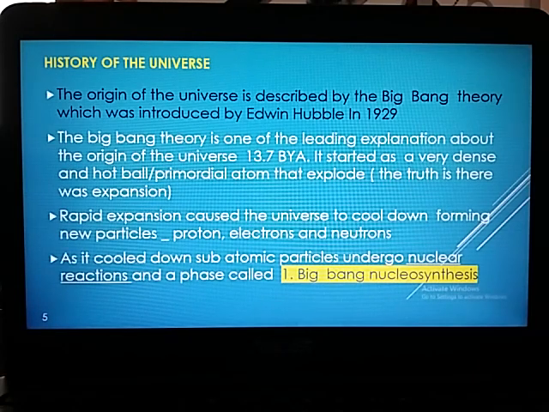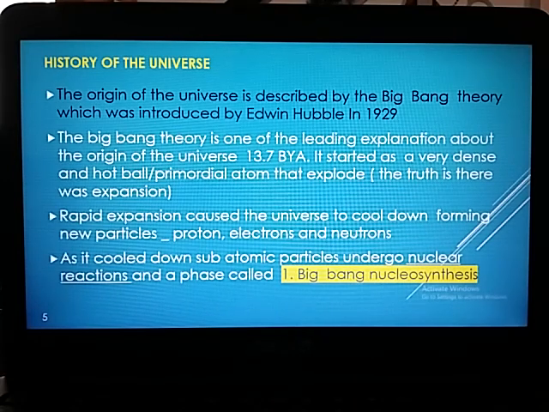During the rapid expansion, it caused the universe to cool down, lumamig, forming new particles. So alam nyo na to, proton, electron, and neutrons. So itong tatlo na to are the particles of an atom. So itong atom na to soon to become an element that we know today.